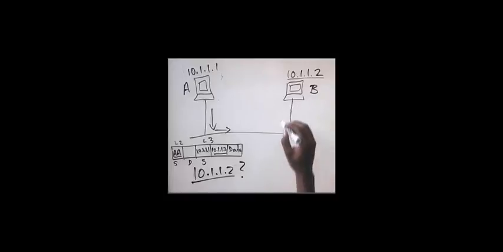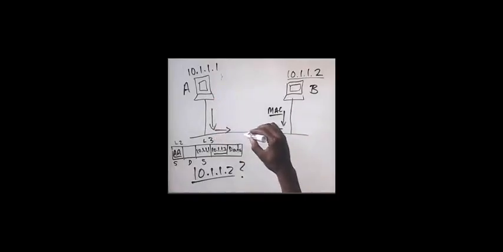Device B hears that ARP, that broadcast, and sends back his own MAC address. He sends back a reply, an ARP reply. So there's the ARP request coming from device A, and there's the ARP reply coming from device B with the MAC address.